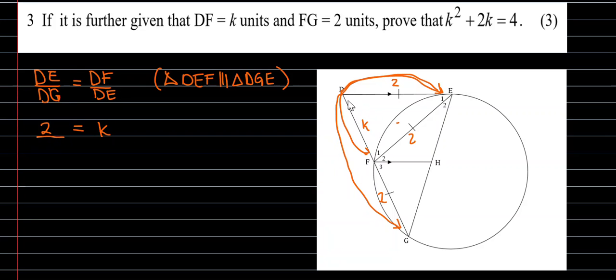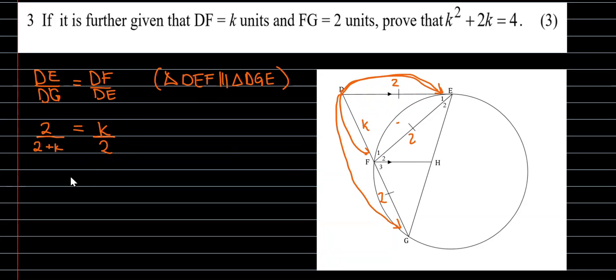You can see here DG distance is k and also 2, so you can add these together, k plus 2, and you're going to get 2 plus k. And also DE, this is DE, and it consists of 2 also.